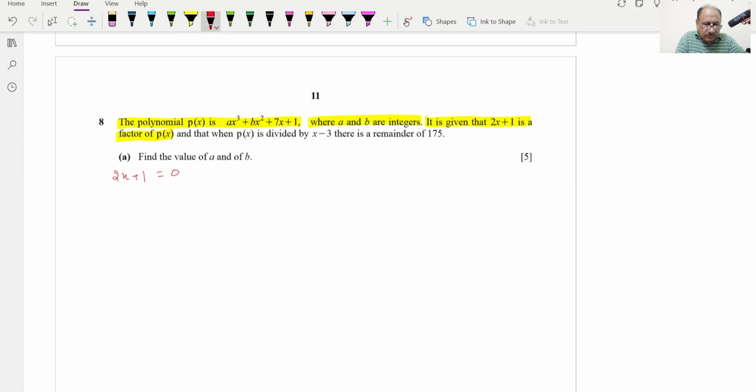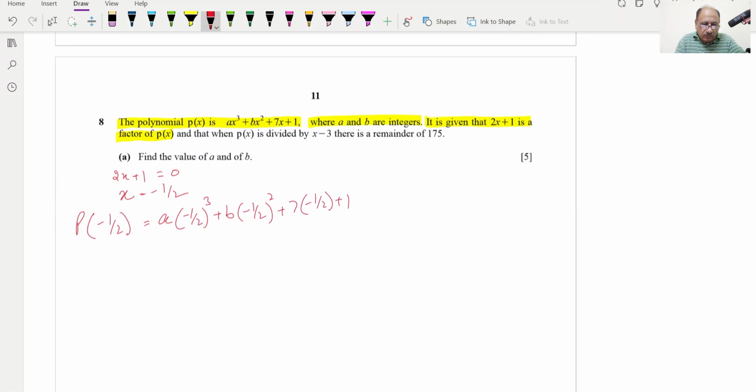So if 2x plus 1 is equal to 0, x will be equal to minus 1 by 2, and we can find p of minus 1 by 2. This will be equal to a into minus 1 by 2 raised to 3, plus b into minus 1 by 2 squared, plus 7 into minus 1 by 2, plus 1.